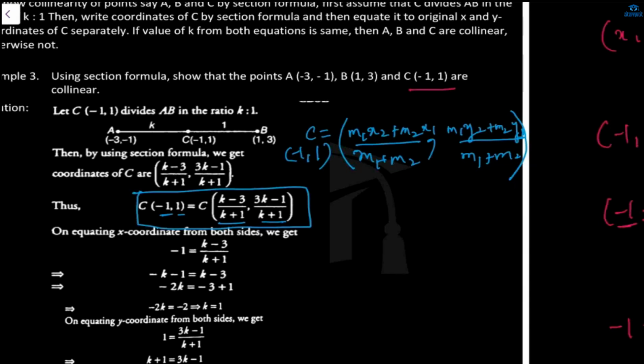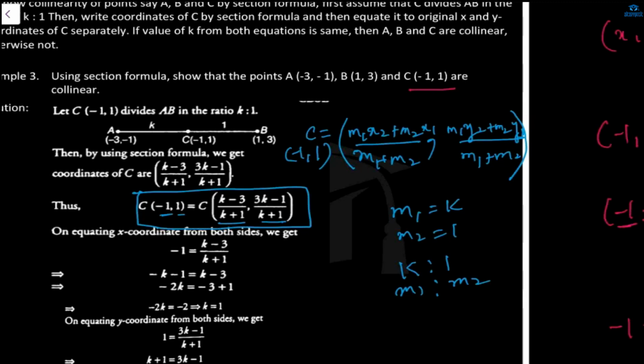Now here m1 is equal to k, and m2 we are taking as 1, because we are taking the ratio k is to 1. So if you write down the x, y value for C, you'll get m1 is k, and the x2 value, the value of B, is 1. So k into 1 will be k, and minus because of the sign of x1.